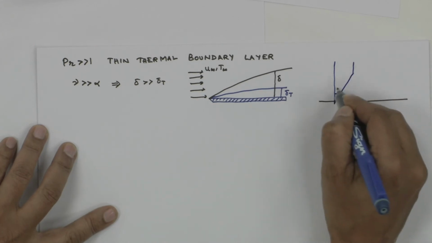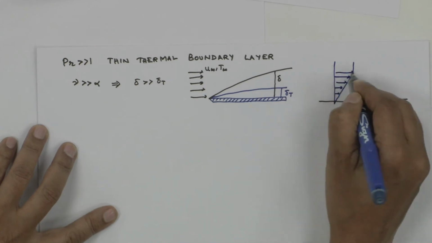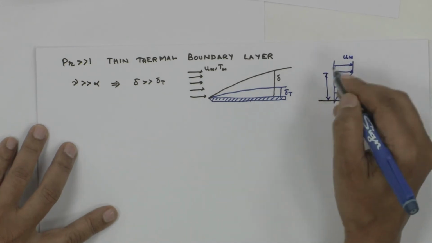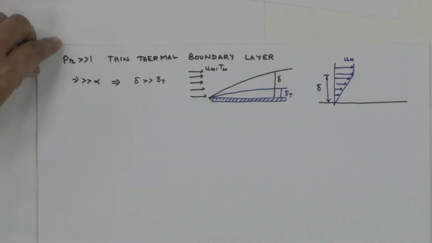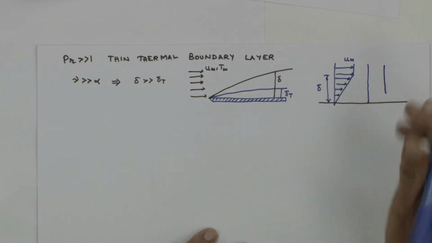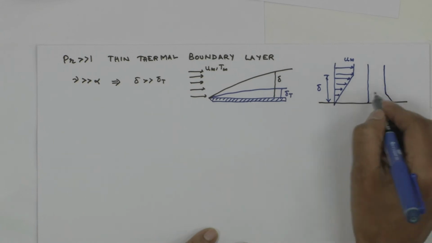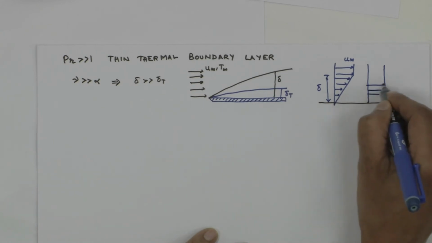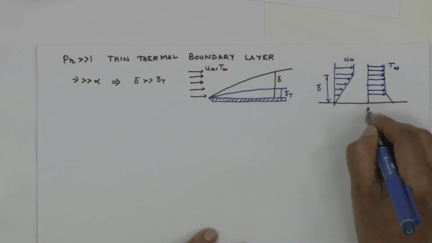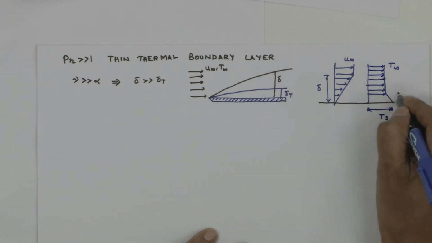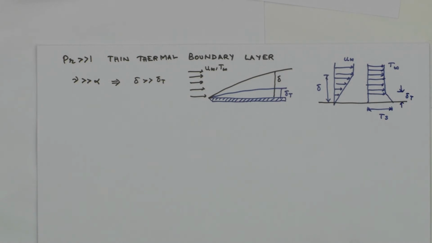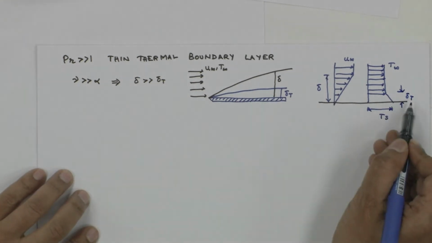Delta is large, so your velocity is varying like this, U infinity. So this thickness is my hydrodynamic boundary layer thickness delta. Okay. So now you have thermal boundary layer thickness very small, so you have this is T infinity and this is my Ts and this is my boundary layer thickness delta T, thermal boundary layer thickness. As you can see, delta is greater than delta T.